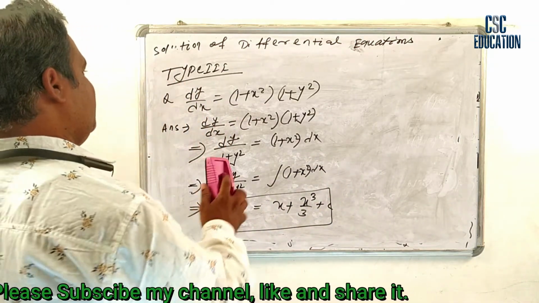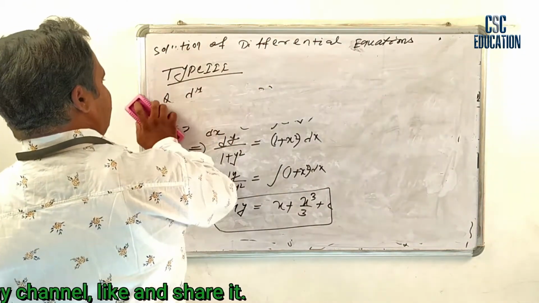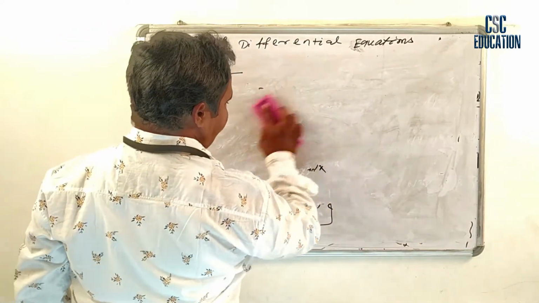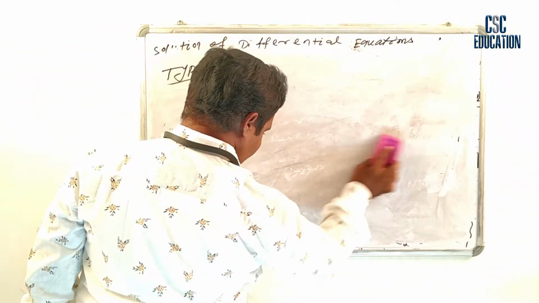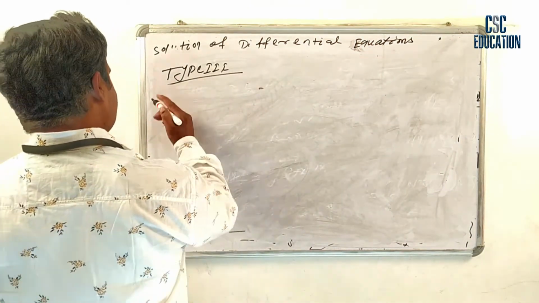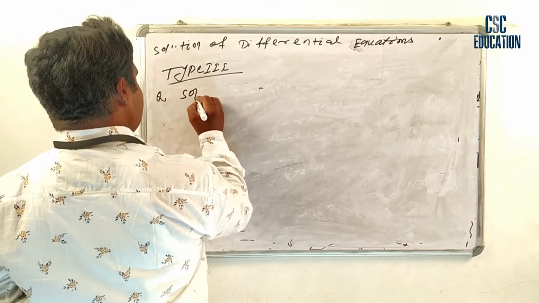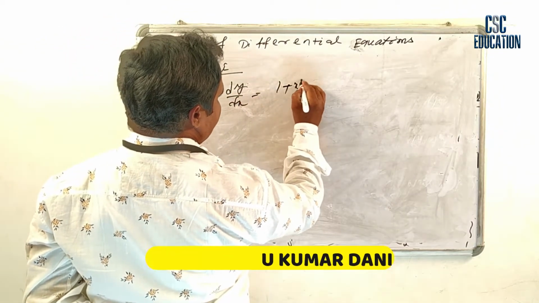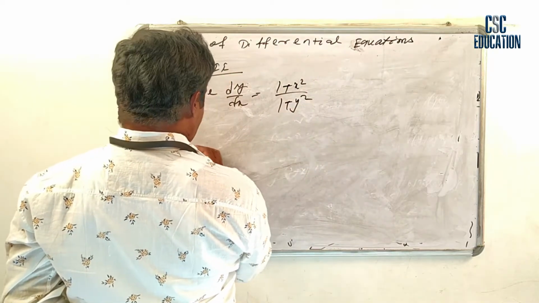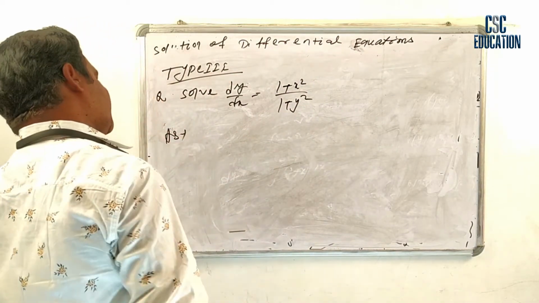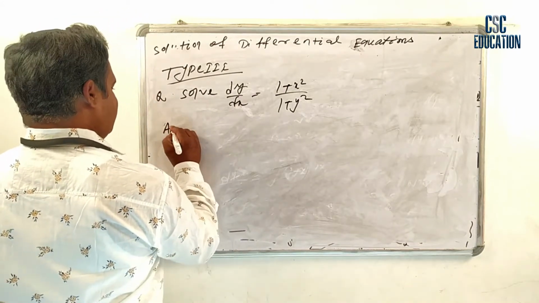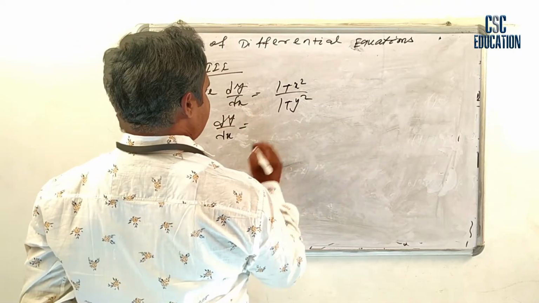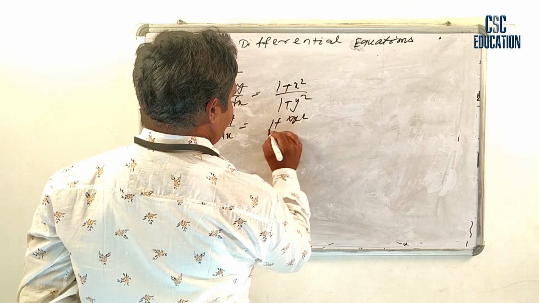Another question of this type. Suppose the question is to solve dy by dx equals 1 plus x square divided by 1 plus y square.